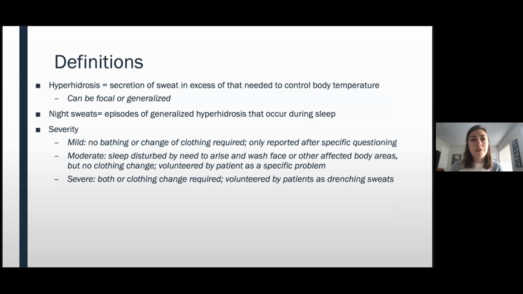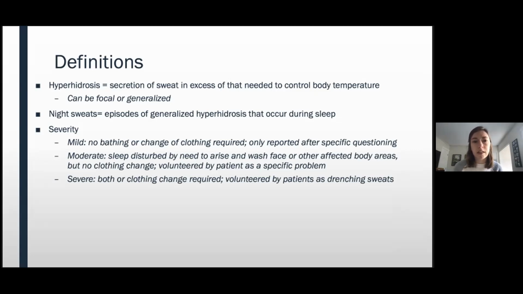And then different authors in various studies have proposed different severity ratings. Some of the ones that I saw were that authors were classifying night sweats as mild if patients were not needing to bathe or change their clothing, and they were only reporting this after specific questioning.